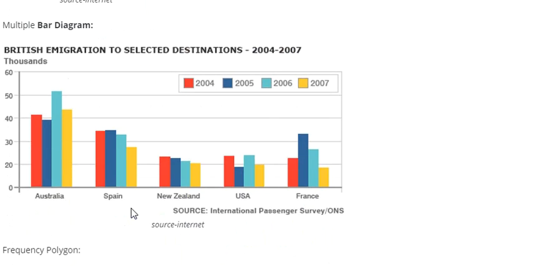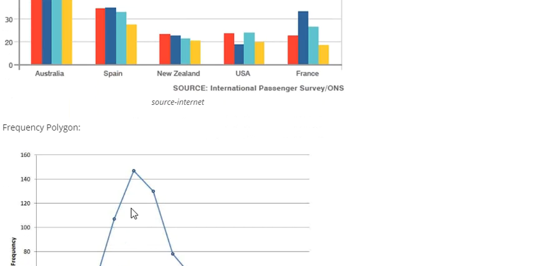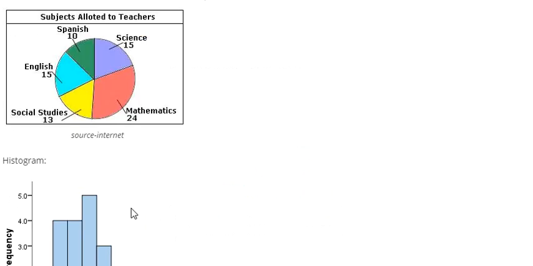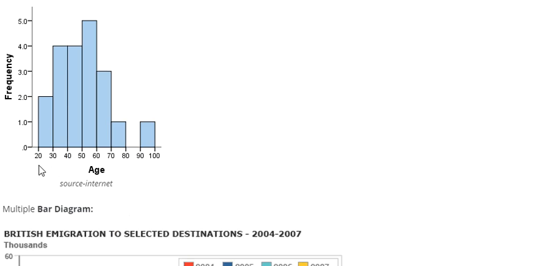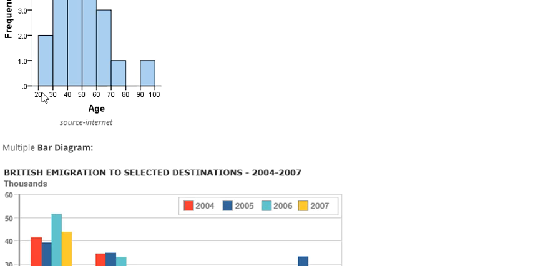Multiple bar diagram we already discussed. This is a frequency polygon. What is a frequency polygon? You just join the midpoints of all upper edges of the histogram, and take extra classes, 10 to 20 and 100 to 110, on both extremes.